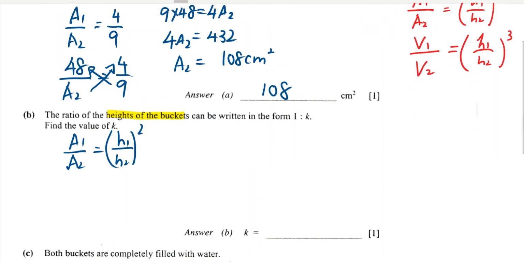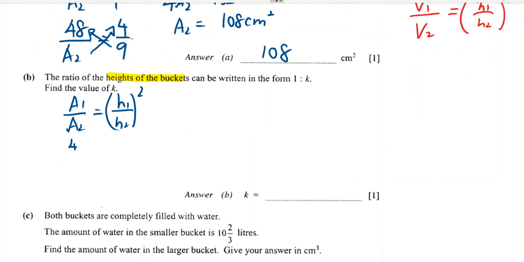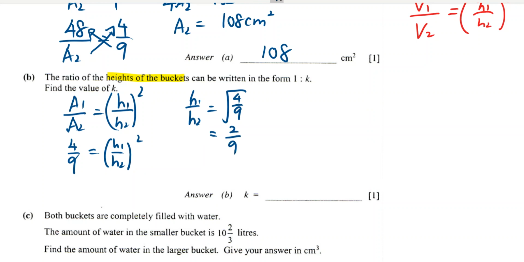They tell you A1 over A2, which means 4 over 9 is equal to (h1 over h2) squared. This makes h1 over h2 equal to the square root of 4 over 9, which is equal to 2 over 3. This would mean their ratio is in the form of 2:3.